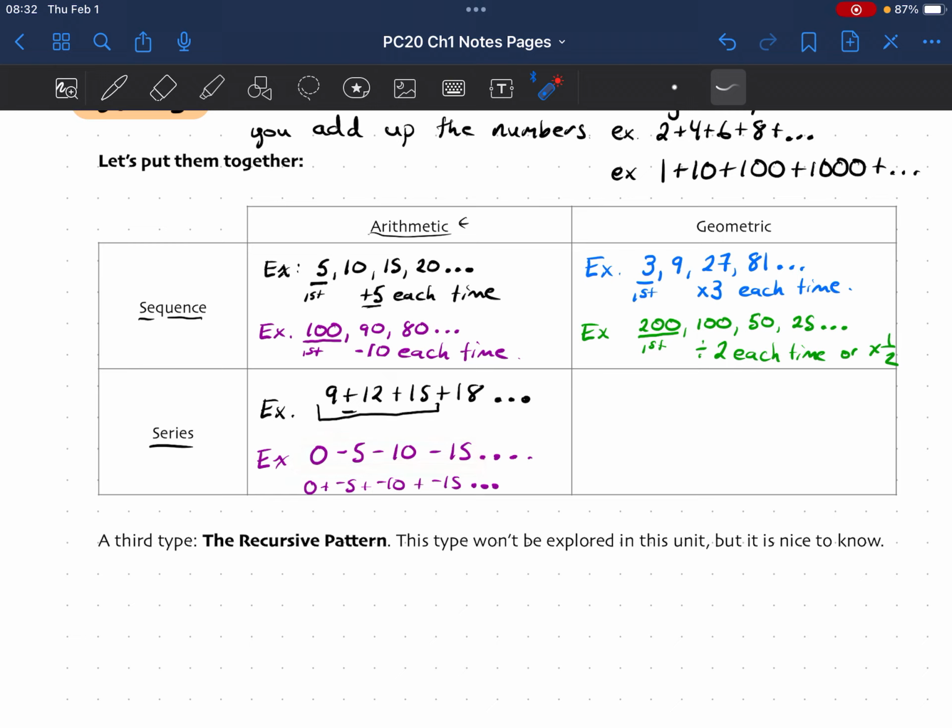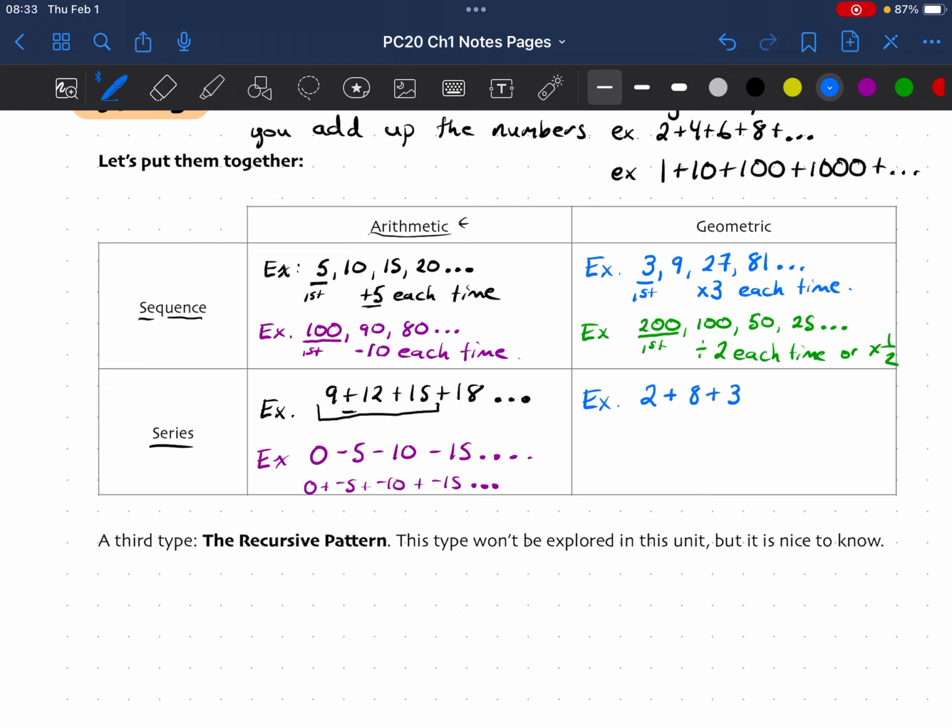All right, so likewise, we can have geometric series. So geometric means we're going to multiply or divide to get the next number, and a series means we're going to add them up. So here would be an example. We are going to start with, let's say, 2. Then we're going to add to it 8.